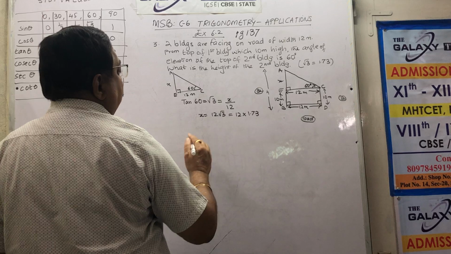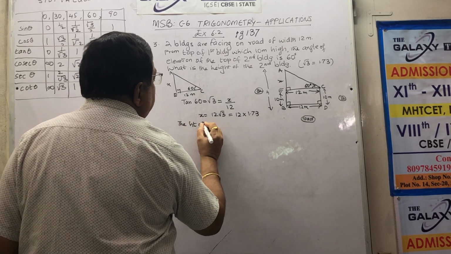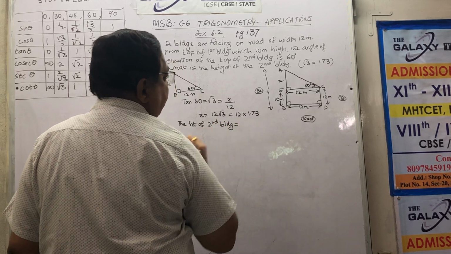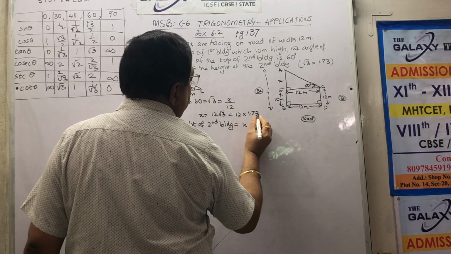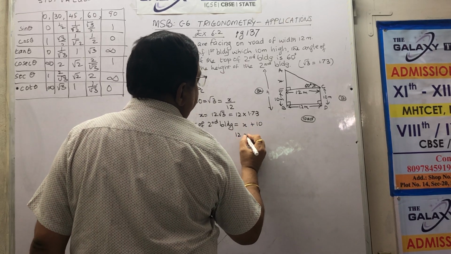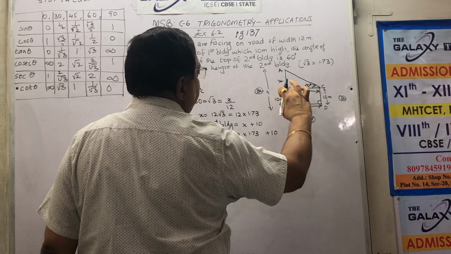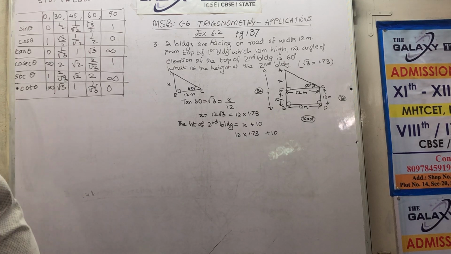So I have got X. The height of the second building is X plus 10. So 12 times 1.73, and I must add 10 to it. So if I add, I will get the complete height of the second building.